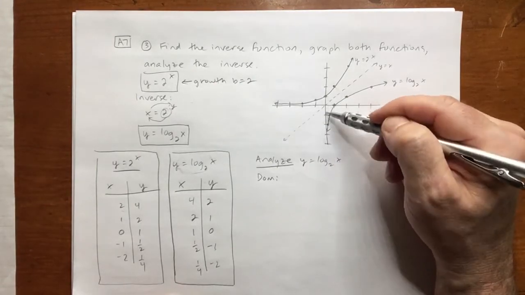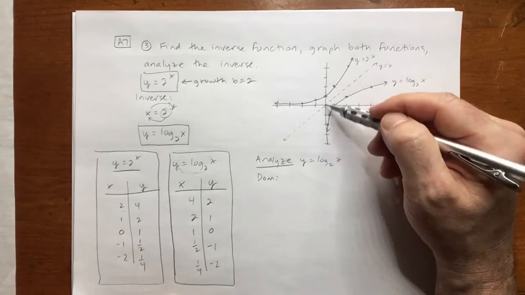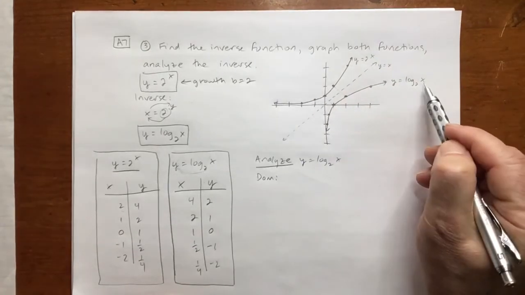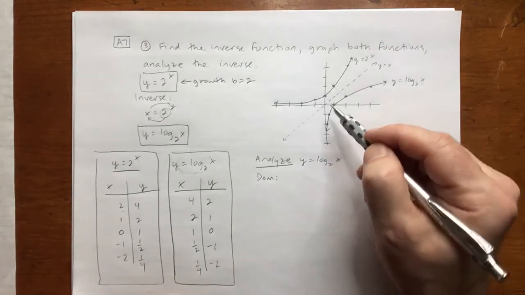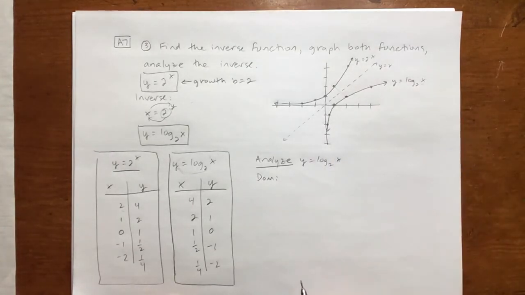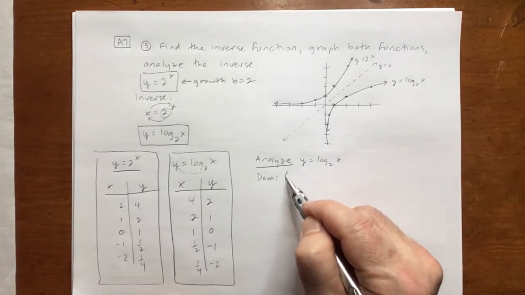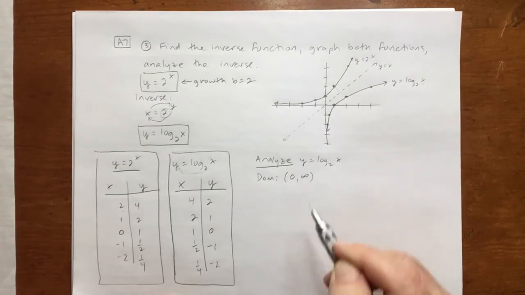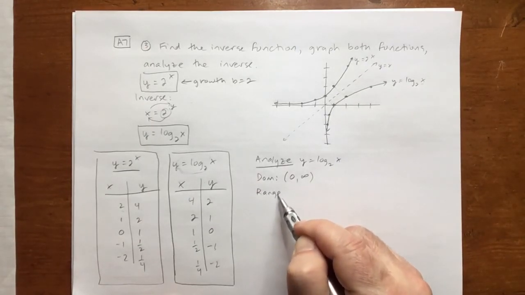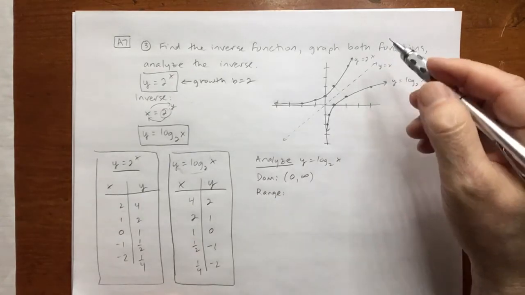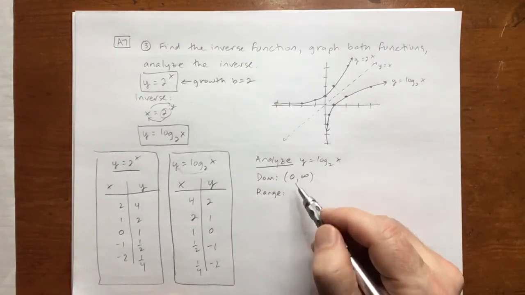Remember how with a logarithm, the x value can never be 0 or negative. And so it looks like I might have an asymptote. We'll include that in the analysis in a bit. So my domain doesn't include 0, but it goes to the right forever. My range, well, the y value can be anything. It goes up and down forever. We were just choosing whatever we wanted.